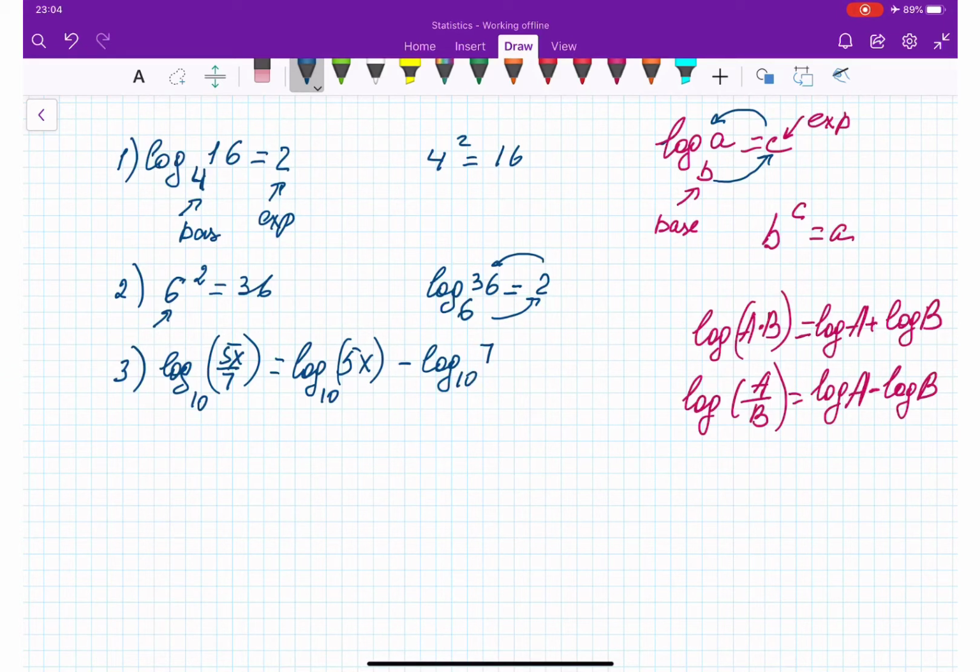Now 5x meaning 5 times x, which means it's a product. I can break down logarithm 5 by base 10 plus logarithm x by base 10 and minus logarithm 7 by base 10.